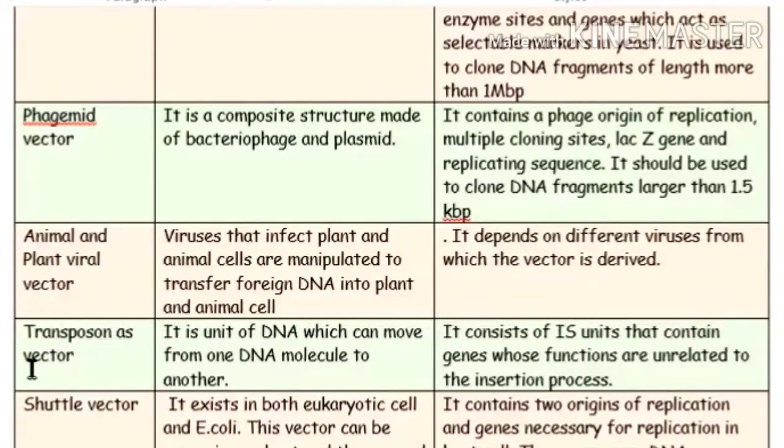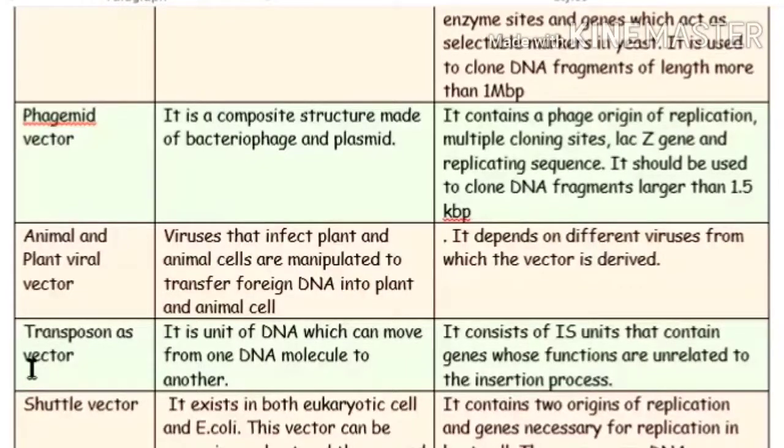So I hope this concept will help you understand what vectors are. Let us revise once again. We are using plasmids, which are present in bacteria. We are using bacteriophage, meaning virus. Then we are using combinations: phagemid and cosmid.